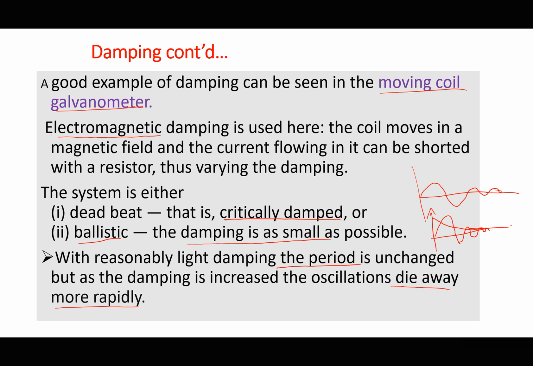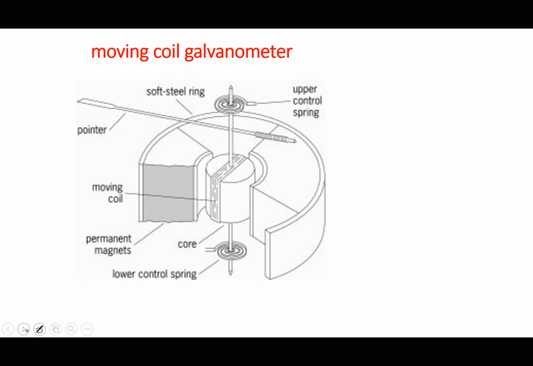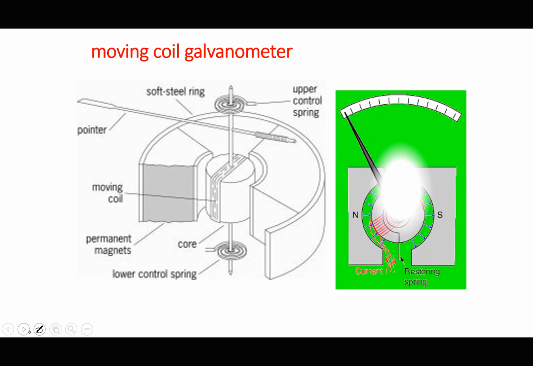resulting in what we shall call critical damping. I illustrated a moving coil meter here, even though it's not part of this curriculum. I was trying to show what is really inside a moving coil meter, such as an ammeter or a voltmeter, which uses analog. As current flows through, an electromagnet is created, which moves the pointer immediately.